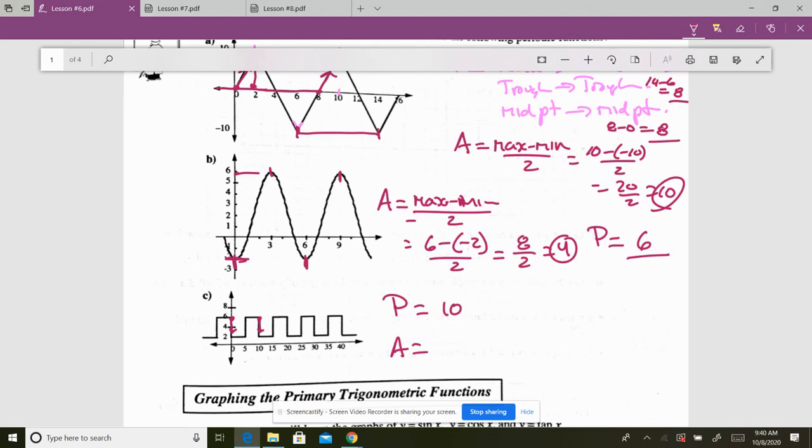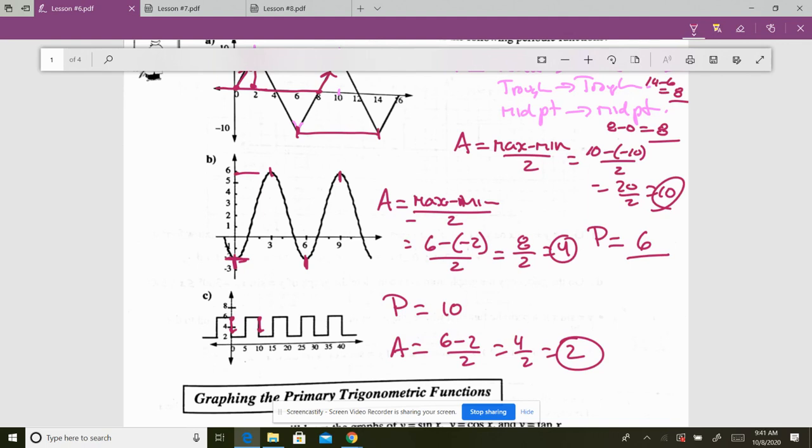Right, 2. Max is 6. Min is 2. Divided by 2. It's 4 over 2, which is 2. All right. Is that okay? So amplitude and period. Amplitude is basically the height from the midline. Period is how often it cycles back and repeats itself.